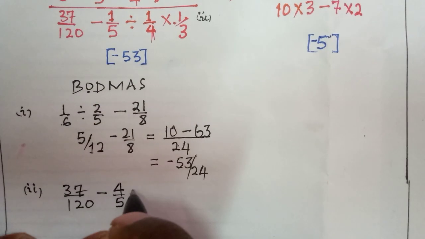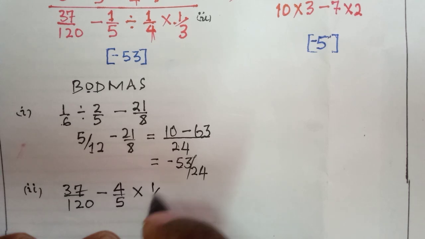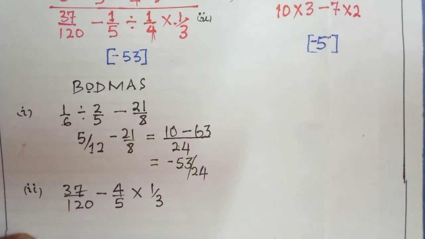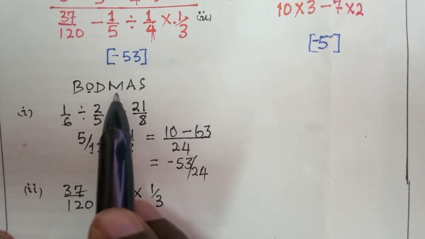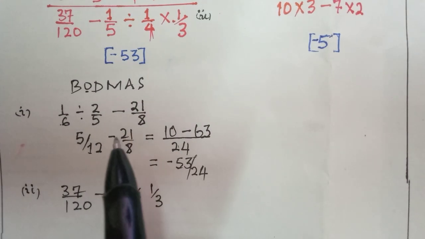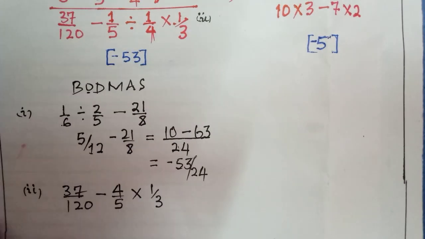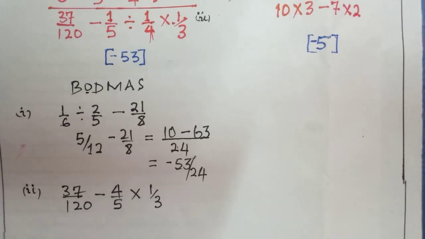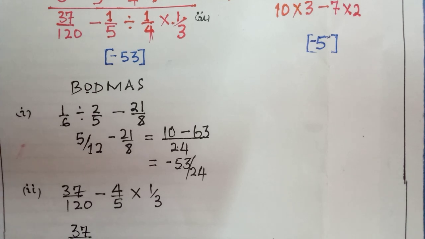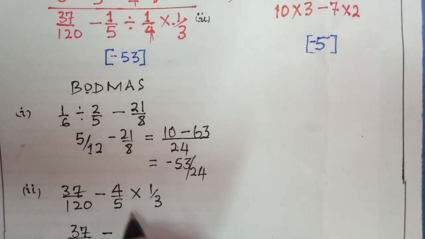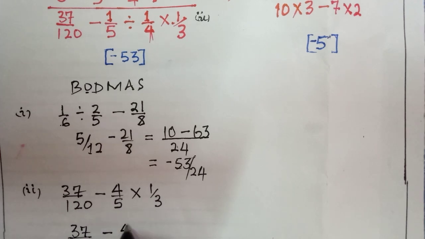Then times 1/3. So from there, guys, now we go to multiplication. We go to multiplication now. So this one is going to be 37 all over 120 minus, we multiply this, we get 4 over 15.